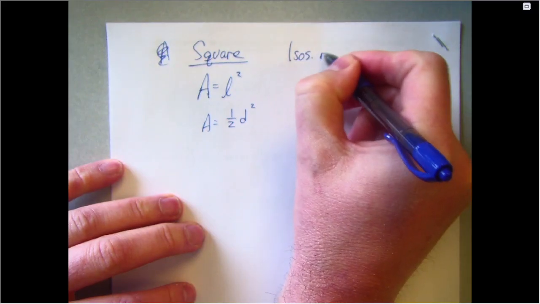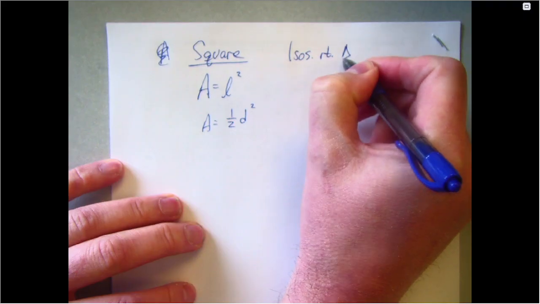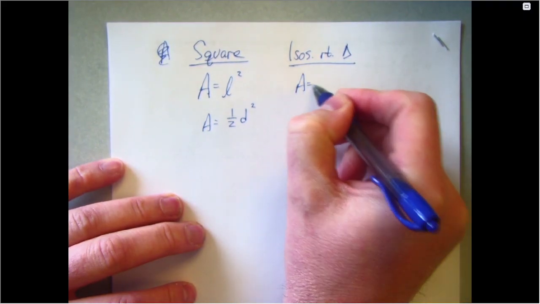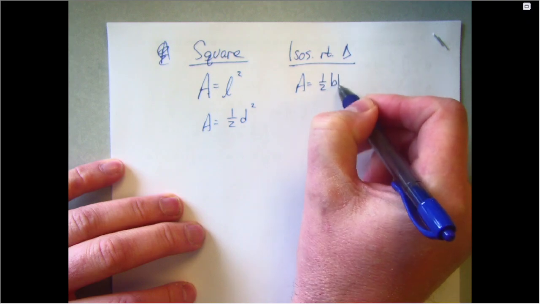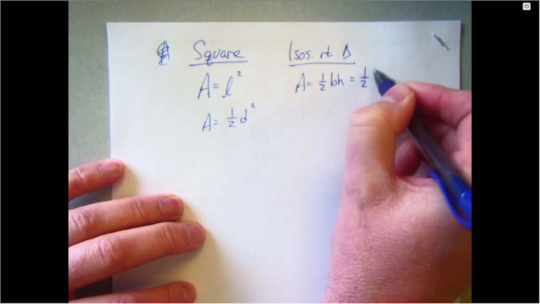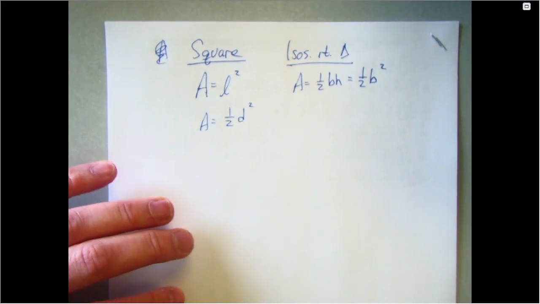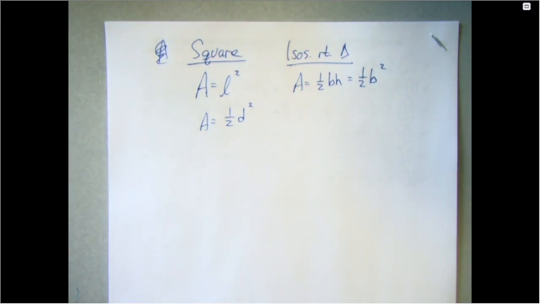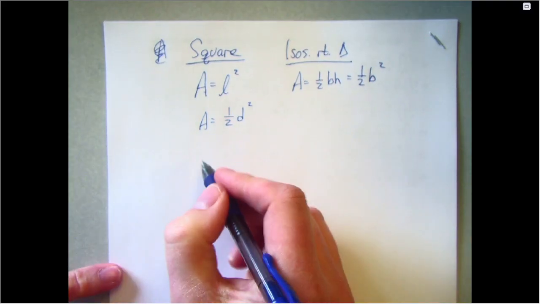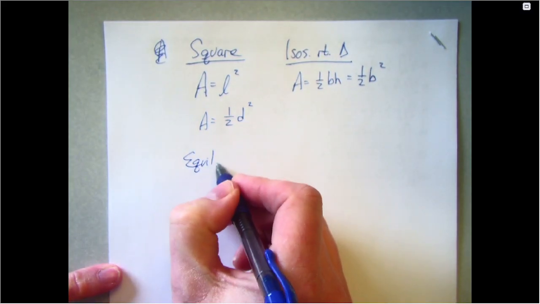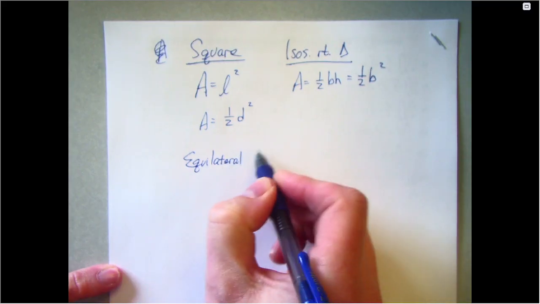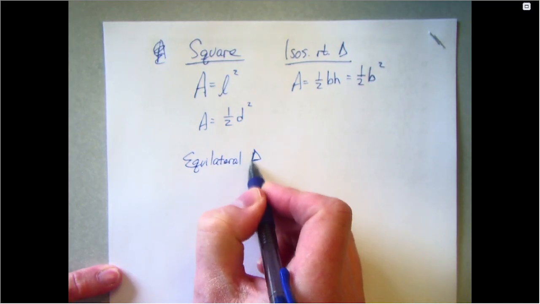Isosceles right triangle. That's just 1/2 base times height, but if it's isosceles, you could say it's 1/2 base squared, because the base is the same as the height. Equilateral triangle. Anybody?